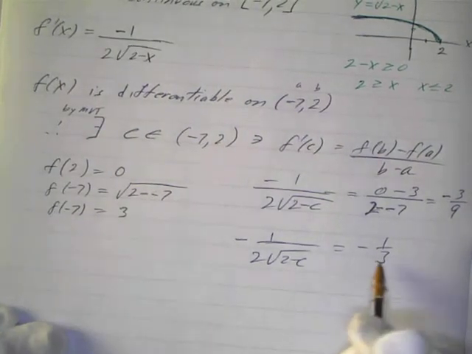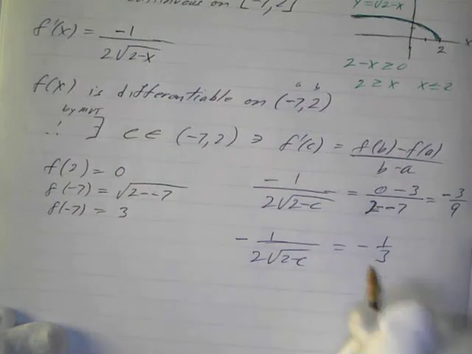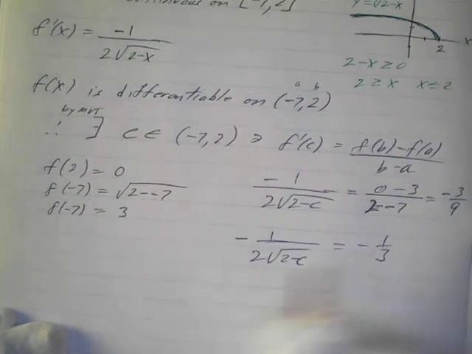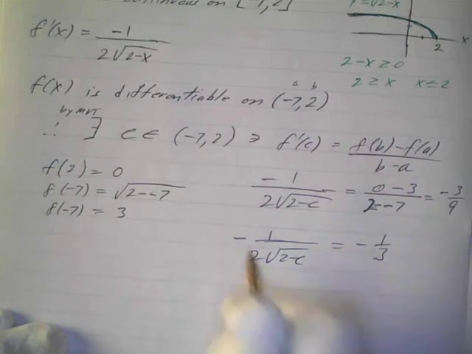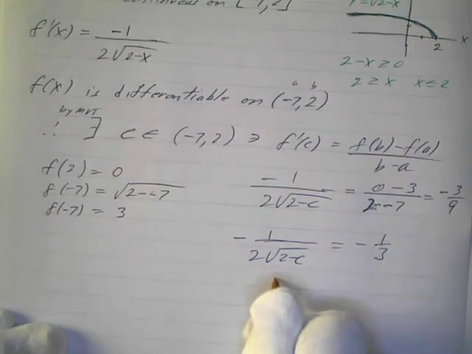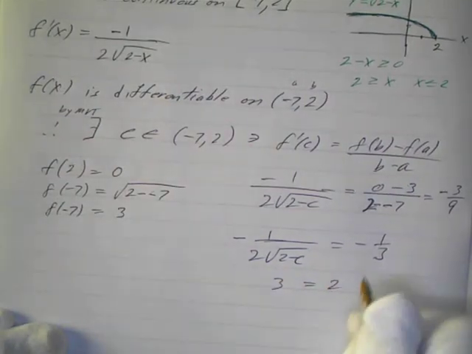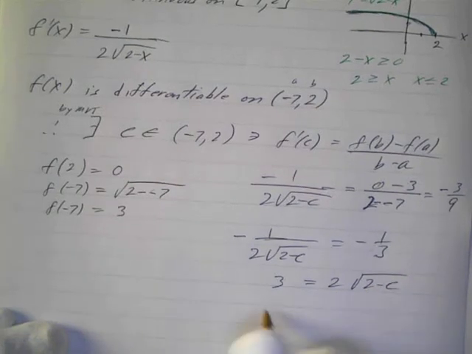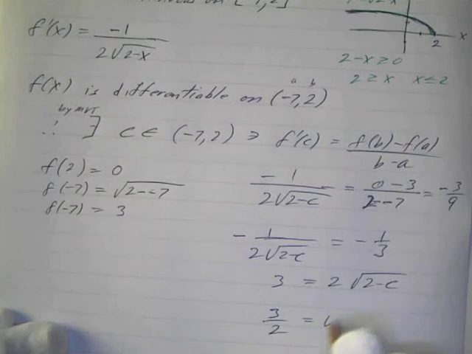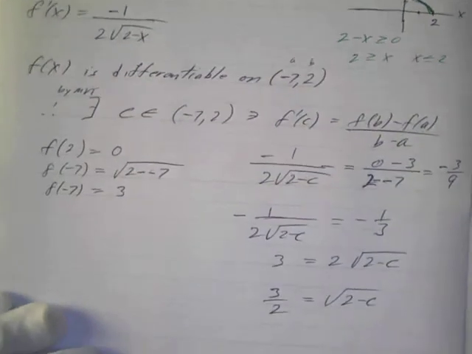Then we multiply both sides by 3 times 2 times the square root of 2 minus c. So we have 3 on the left, and that equals 2 times the square root of 2 minus c. Then we can divide by 2, so you have 3 over 2 equals the square root of 2 minus c.